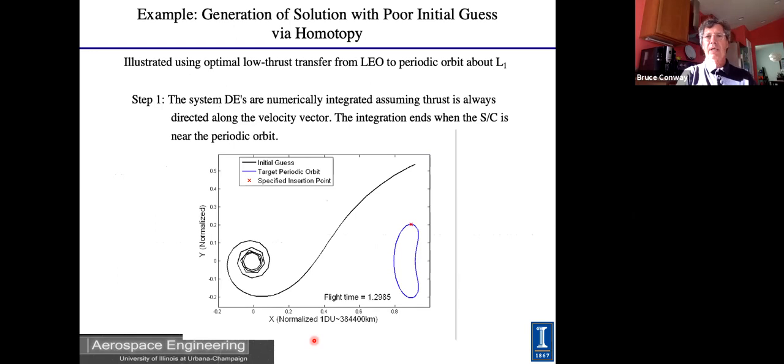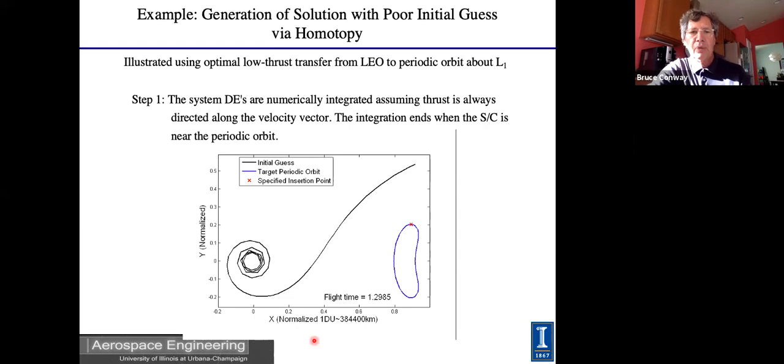Let me just give you a simple example of a complicated problem where you really have no idea of what a good initial guess would be and how to get around it. So this is a problem that we solved on our way to solving a more complicated one. I'll show you a figure of that before.